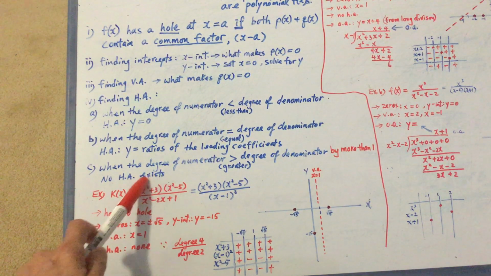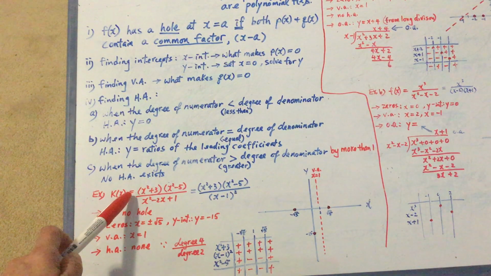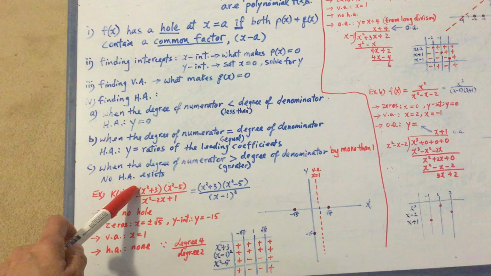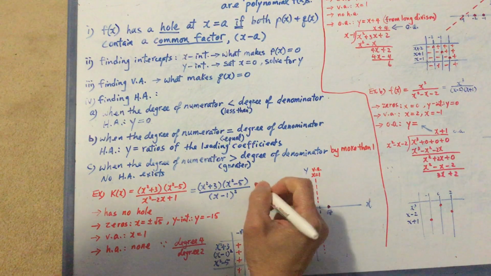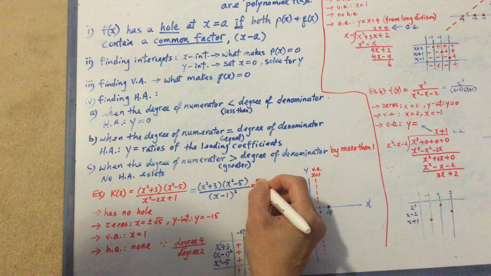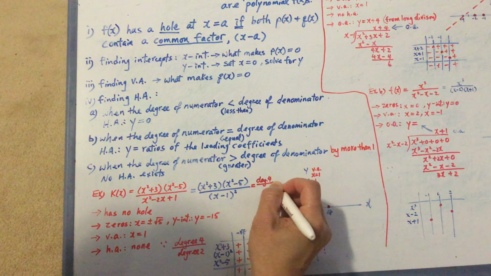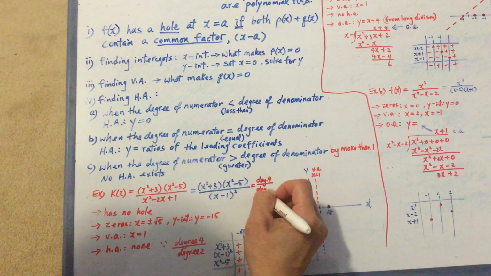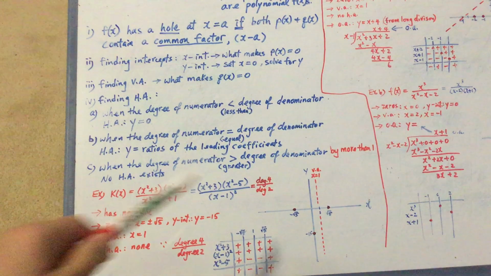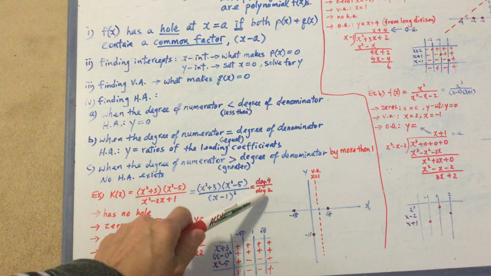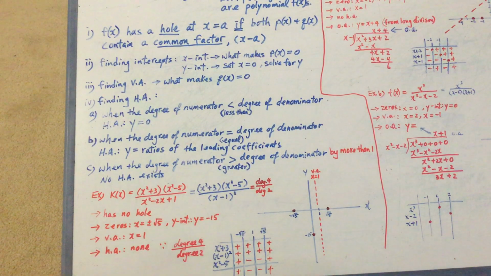When you multiply these two together, you get x to the 4. So this is really a degree 4 divided by a degree 2. So 4 is greater than 2 by more than 1. This is a good example to show you.